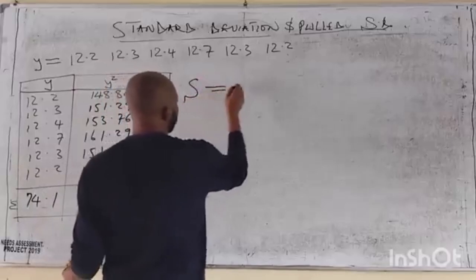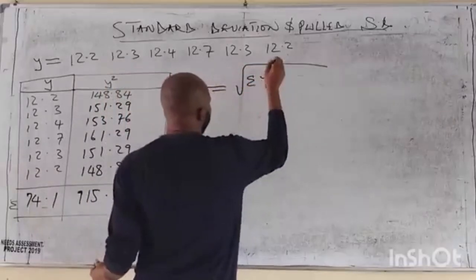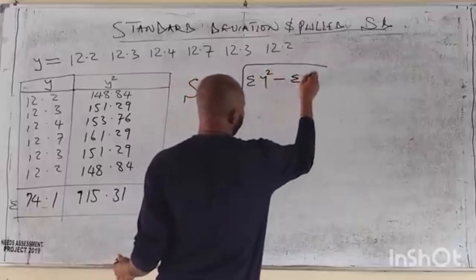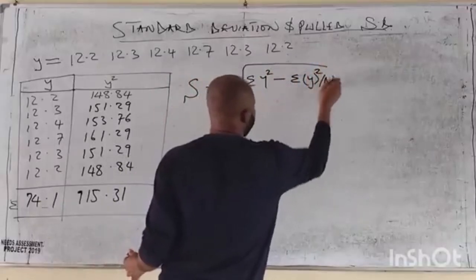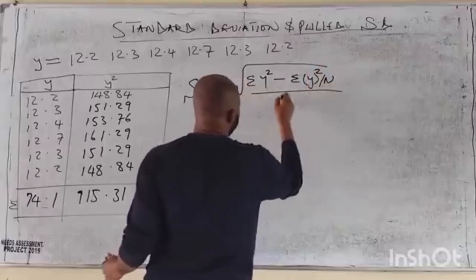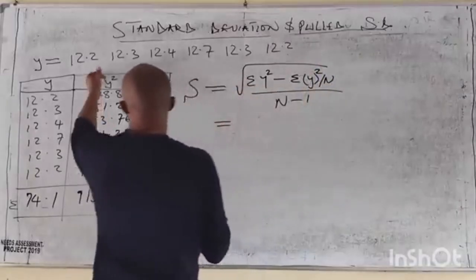This is equal to the root of the summation of y squared minus the summation of y, close bracket, squared over n, all over n minus 1. Now this is my y summation.